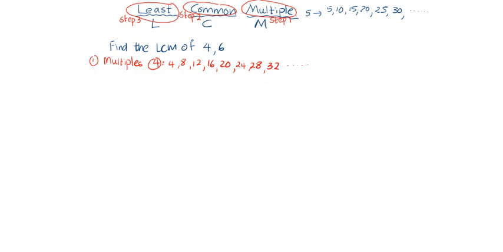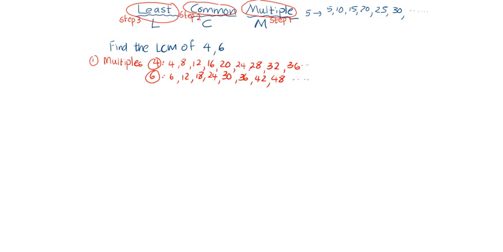You don't need to write all of them. Generally, I go up to the 9 times table, so let's stop at 36. The multiples of 6 are 6, 12, 18, 24, 30, 36, 42, 48, and so on.